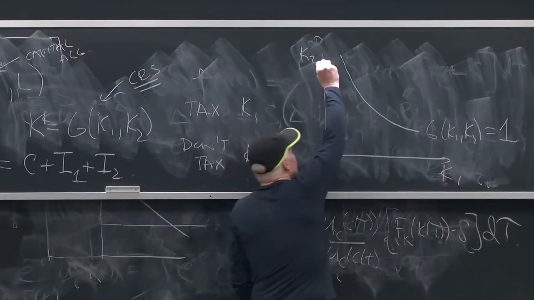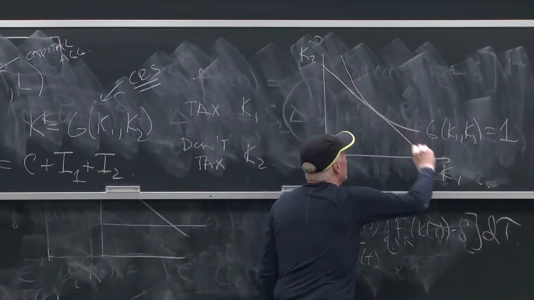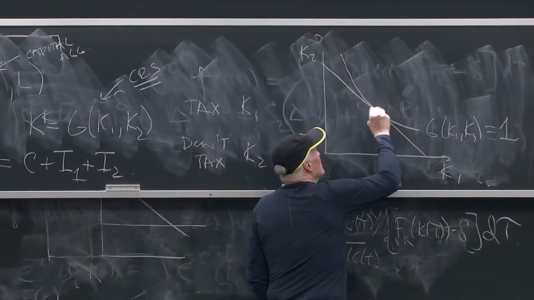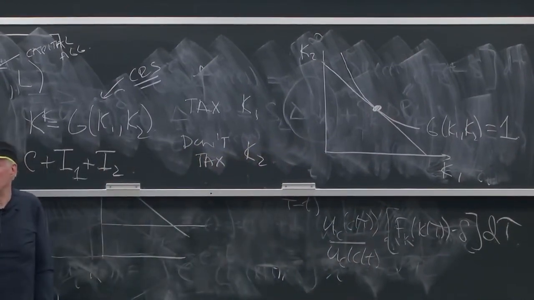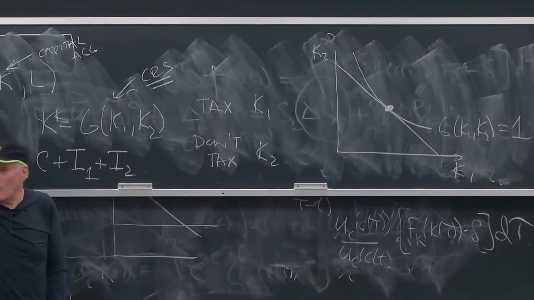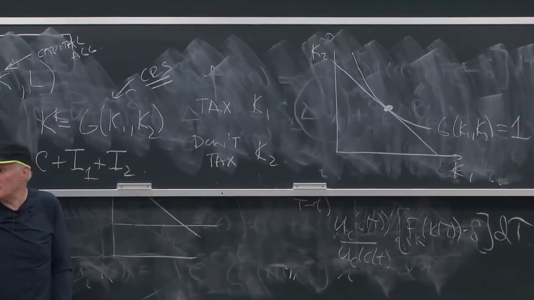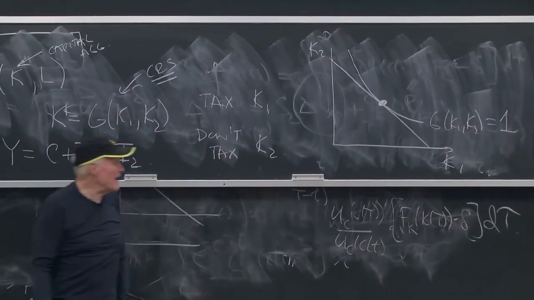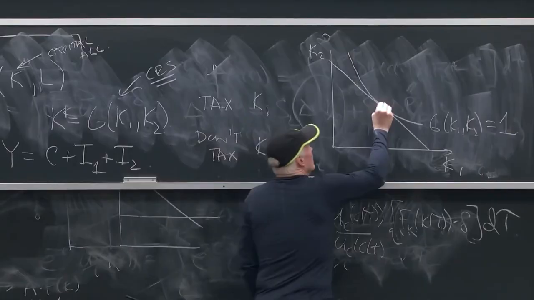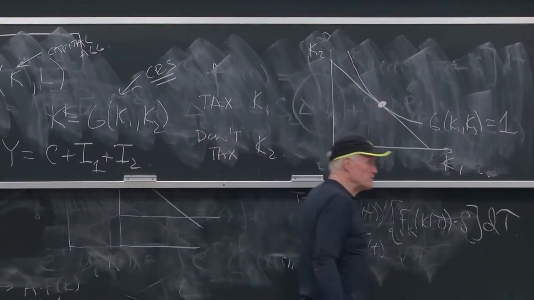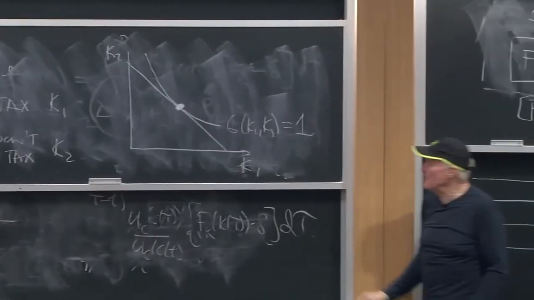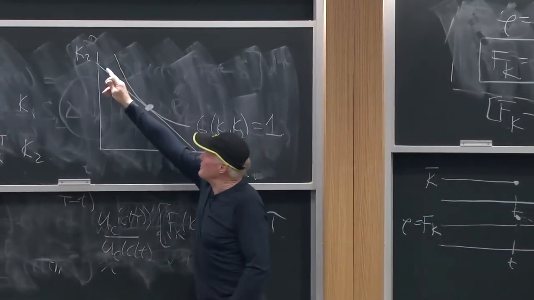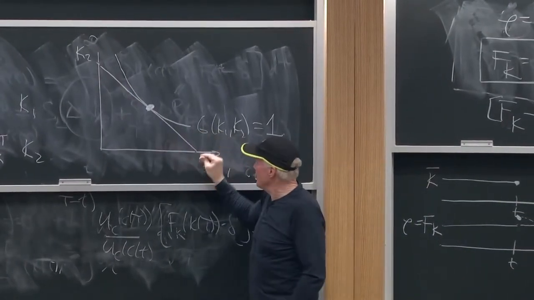Absent the tax, you would go to the point where the slope of this line is 1, right? Because they're perfect substitutes in production. You can buy one unit of one or one unit of the other, so they've got to be equally valued. And in fact, that would determine the cost of production. Your cost of production would be determined by the amount of either K2 or K1, right?